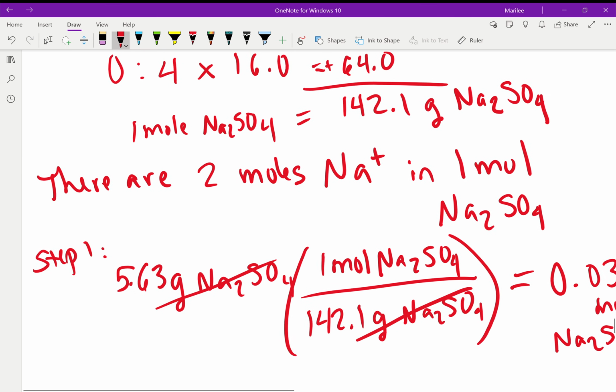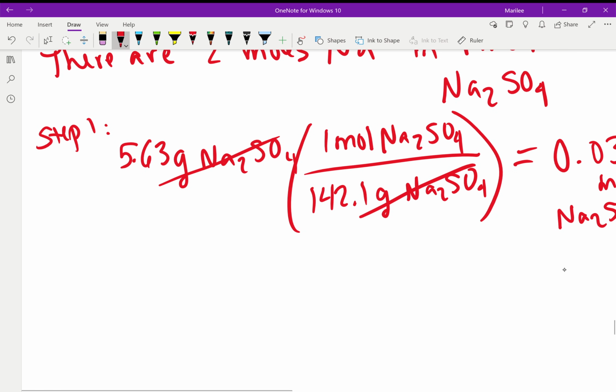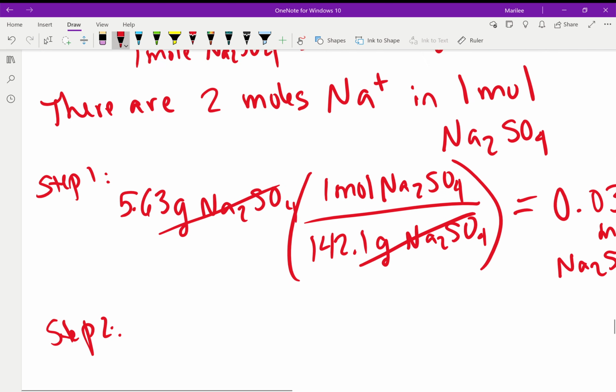Our step two is, we know that each mole of Na2SO4 has 2 moles of Na+, right? I wrote that for you guys here.